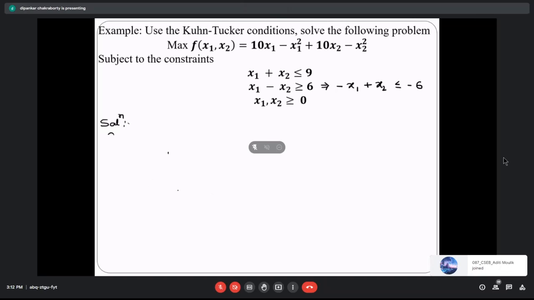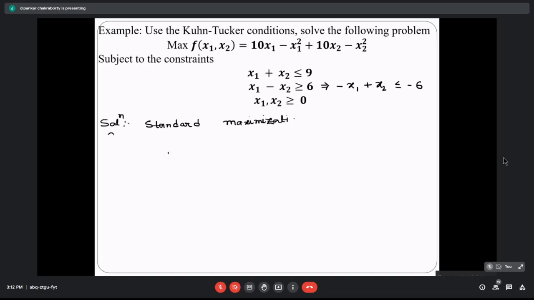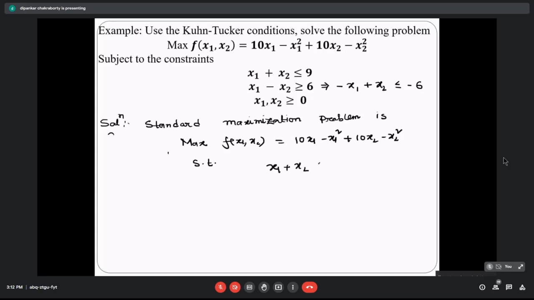What you have to write down is the standard maximization problem: Max f of x1, x2 equal to 10x1 minus x1 square plus 10x2 minus x2 square, subject to the constraints x1 plus x2 less than equal to 9, and minus x1 plus x2 less than equal to 6.